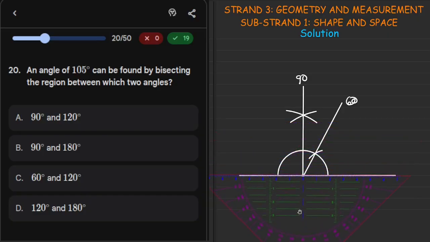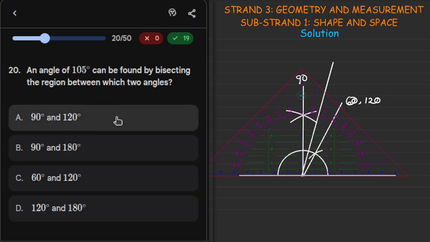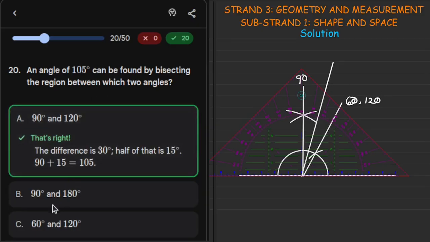So if that is the case, and we want to use the inner calibration, then this 60 here is actually 120. And as you can see, if you are to bisect in between this, you are going to get a 105, as you see over here. So with the same set of principle we use, this one is 120, and if we bisect it, we get a 105, right?